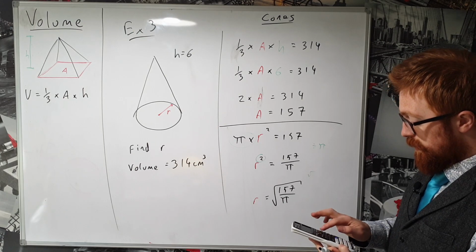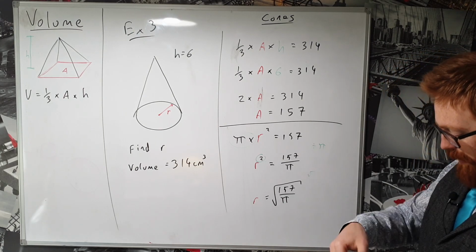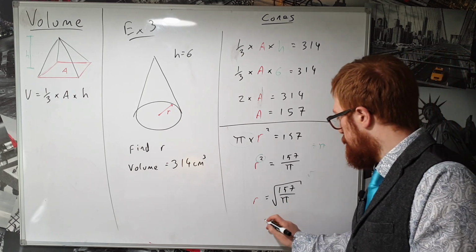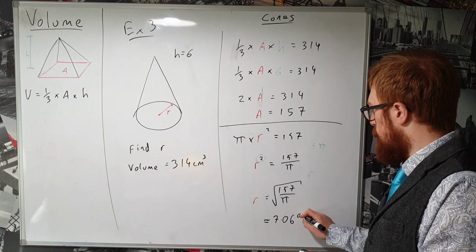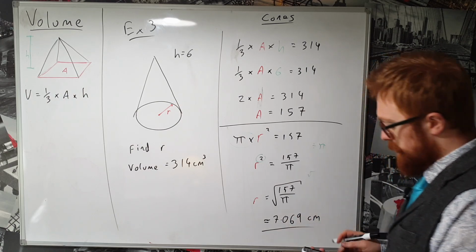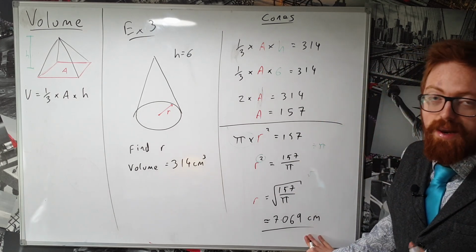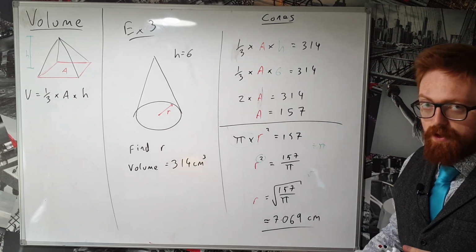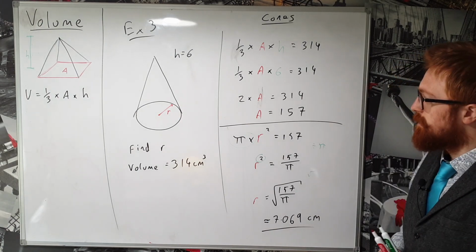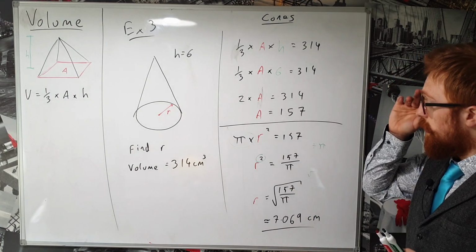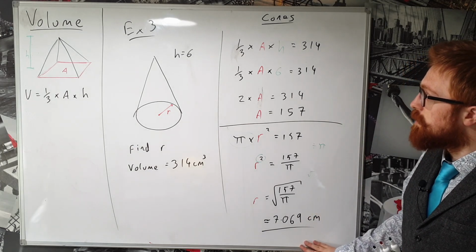So the square root of 157 over pi, and that gives me an answer of 7.069, or approximately equal to 7.069 centimetres. Now in an exam, they'd specify an accuracy, they'd say to 2 decimal places or to 1 decimal place, but I'm going to leave it like that. So if you did manage to have a go at this at home and you got something like this, then well done, that's really good. Good job.